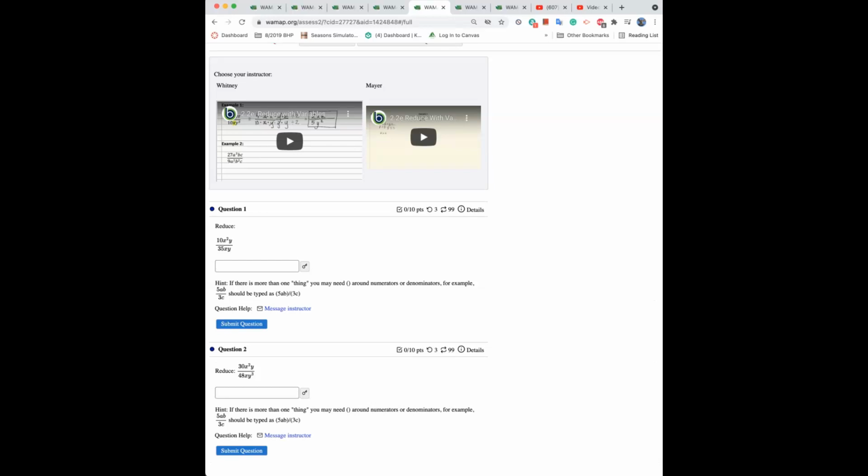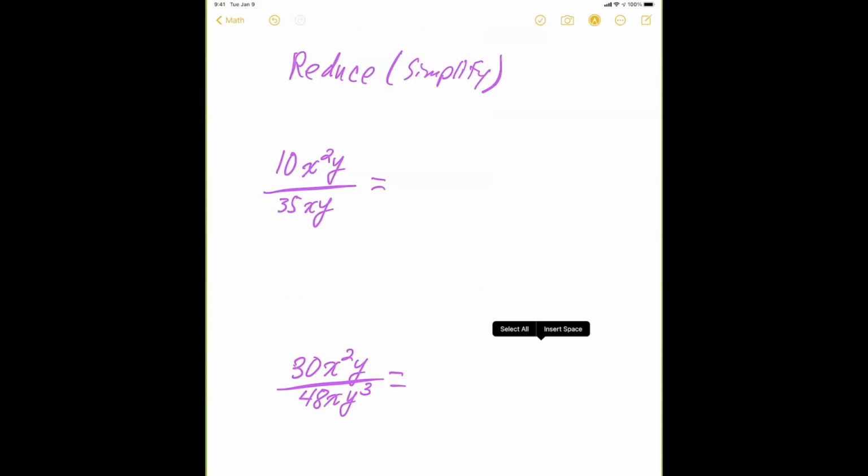All right, well, so I've got these written out on my tablet. So we have 10x squared y over 35xy. Okay, so I'm going to write this out. I'm going to expand this exponent. So x squared, or x to the second power, is a simplified way of writing x times x.